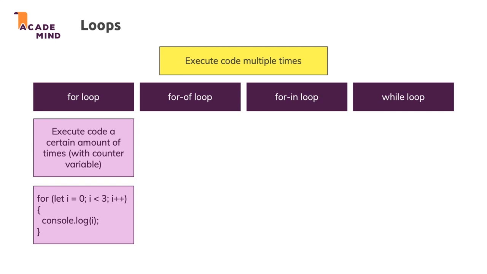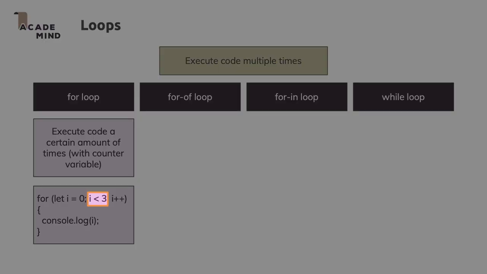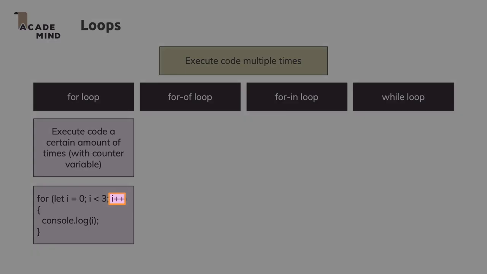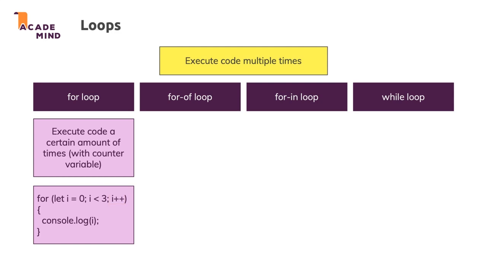Then we also have, separated by a semicolon, so not by a comma, not by a colon, but a semicolon, an exit condition, which basically defines when we stop executing that code between the curly braces. And then we have, separated by another semicolon, the code that should run after every loop iteration. And there you could do whatever you want, but typically you just change that variable which you initialized and which you also use in your exit condition.